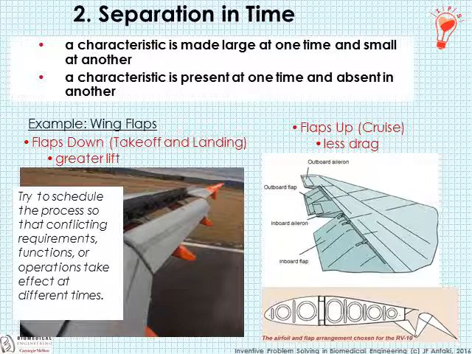Separation in time says to schedule a process so that conflicting requirements, functions, or operations take place at different times. In other words, a characteristic is made large at one time and small at another, or a characteristic is present at one time and absent at another. So when we're taking off, we want there to be a large angle of attack.